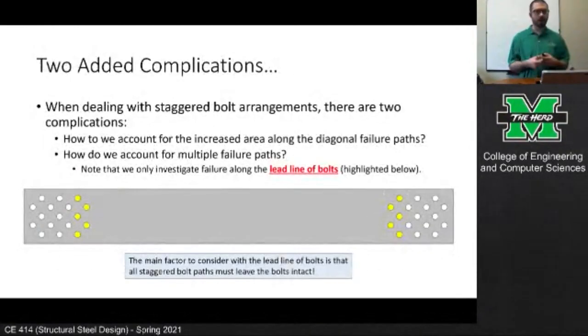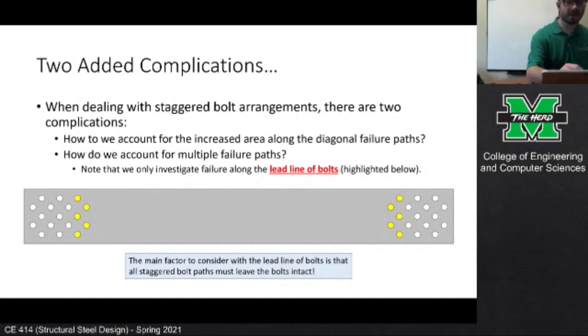Now, when we deal with a staggered bolt arrangement, there are two complications, and we're going to handle each of these one at a time. The first is, how do we account for the increased area along the diagonal failure paths?